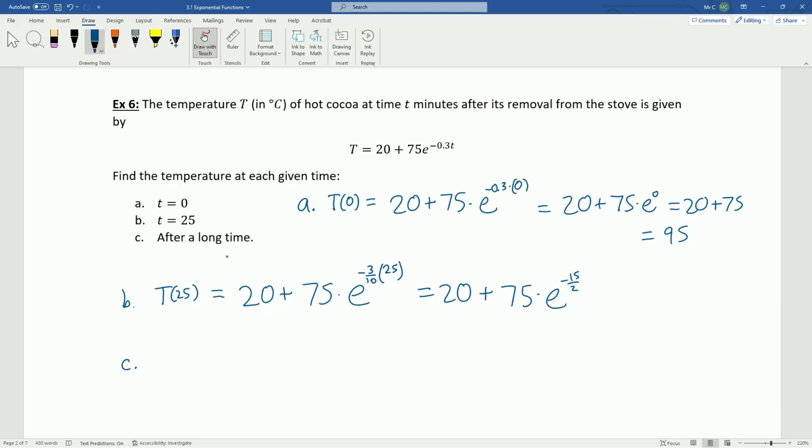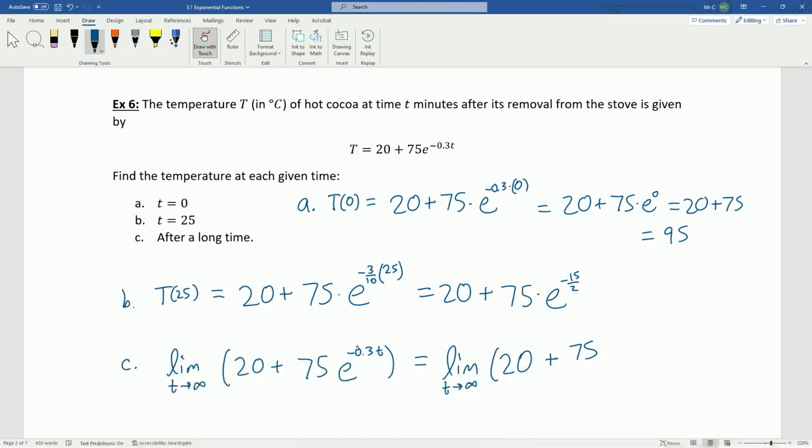Okay, now, after a long time. When we say the phrase after a long time, we're asking what is the limit. So we're taking the limit as t goes to infinity of our temperature function. Now this seems like it's pretty tricky, but if we do a little bit of algebra rewriting here, this is pretty easy to figure out. Since I've got a negative exponent, I'm going to rewrite this as e^(0.3t) in the denominator. And now we're just going to break this down piece by piece.